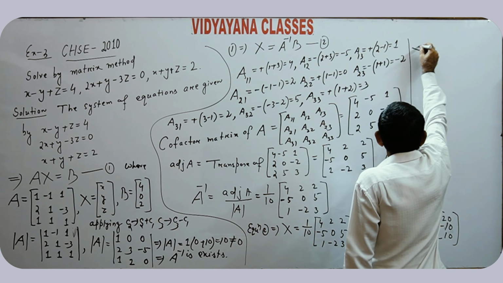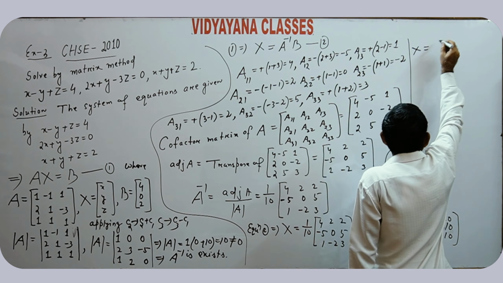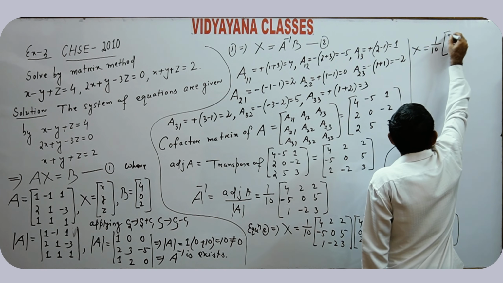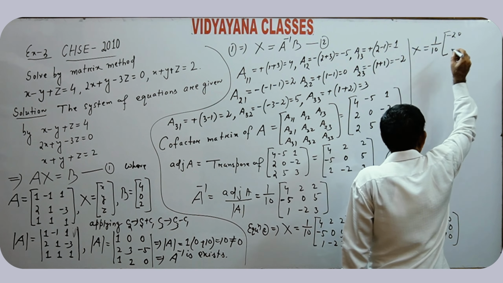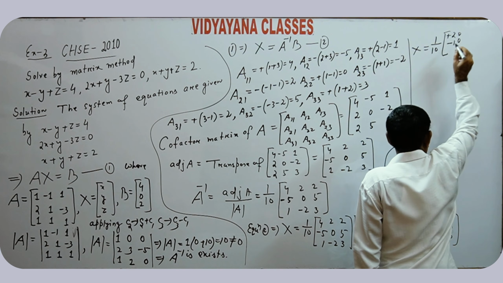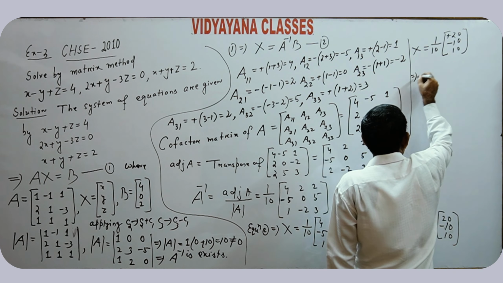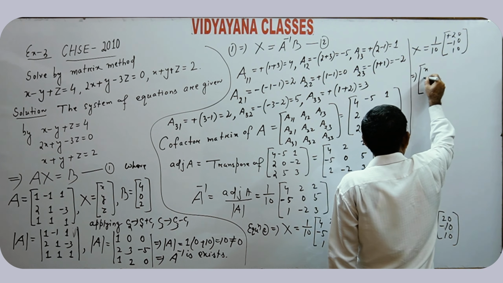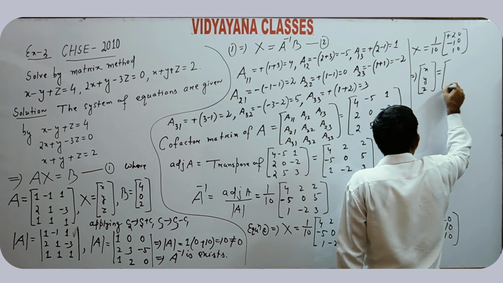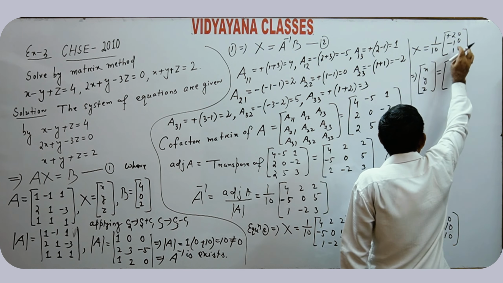X is equal to 1 by 10 into 20, minus 10 and 10, which implies x, y, z is equal to 1 by 10 into 20.